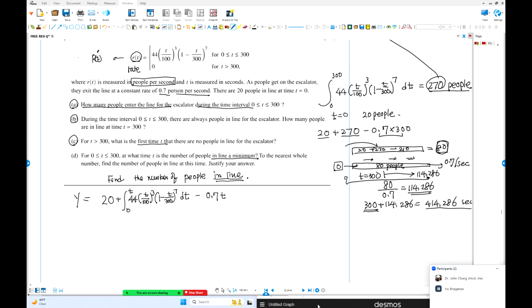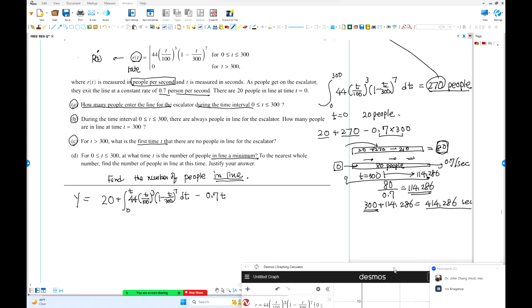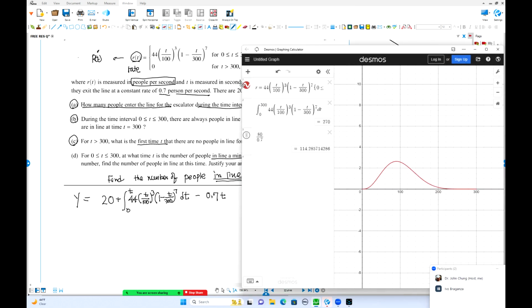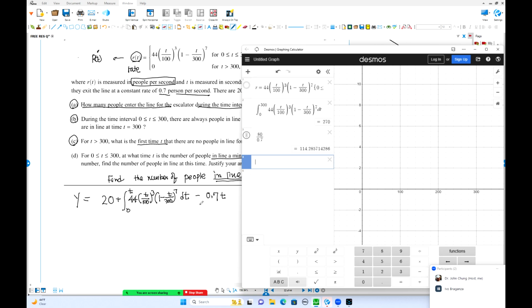Where is the graph? I cannot move over here. Maybe it's possible to graph this one. The number of people is y. I'm going to take y equals 20, which is the original number in there, plus the integral of all of this dt, minus 0.7 times t again.